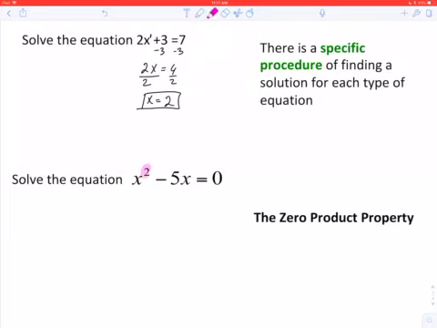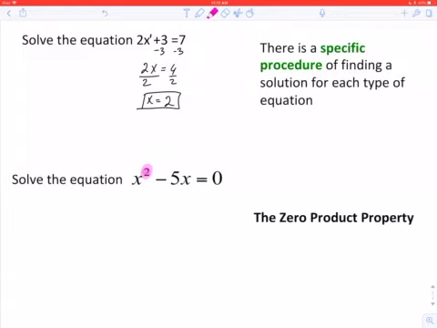Now, if we're looking at the second equation, we have x squared minus 5x equals 0. And this is not a linear equation. This is a quadratic equation because the exponent of x is 2. Now, we cannot isolate x in this case because we have an x squared and an x here.